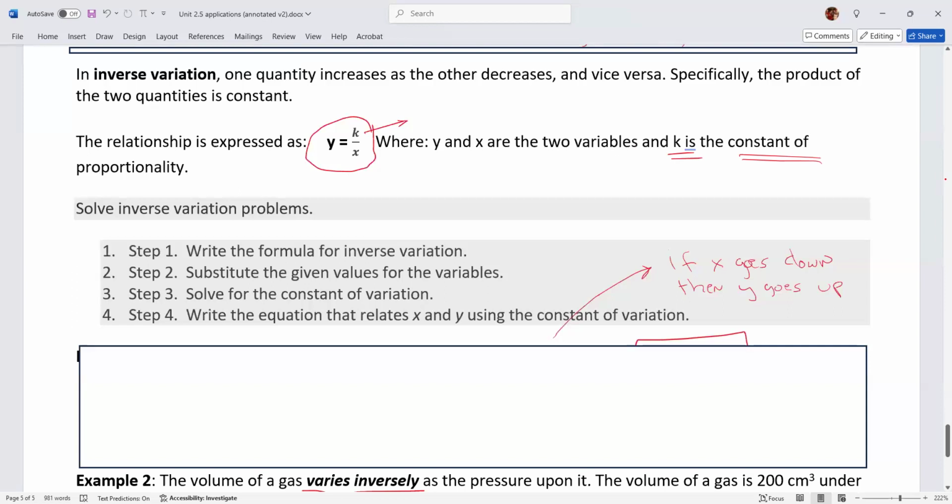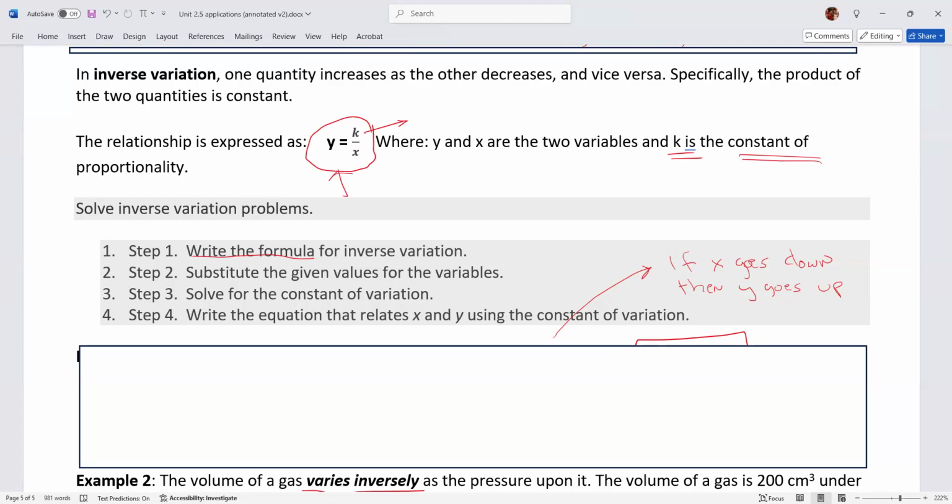Okay. And so here you're going to have to remember a little formula and then what to do first. The formula for inverse variation: y equals k over x, y is inversely proportional to x. And you've got this constant that you have to figure out. So when you see this, first just go ahead and write the formula right here, the same exact thing.